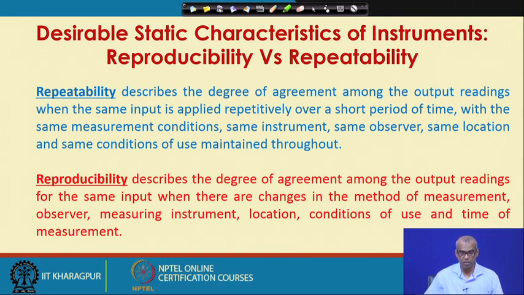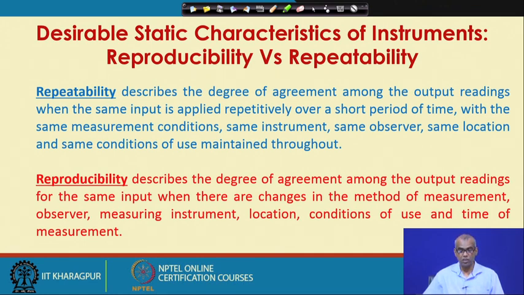Whereas reproducibility describes the degree of agreement among the output readings for the same input when there are changes in the method of measurement, observer, measuring instrument, location, conditions of use and time of measurement.